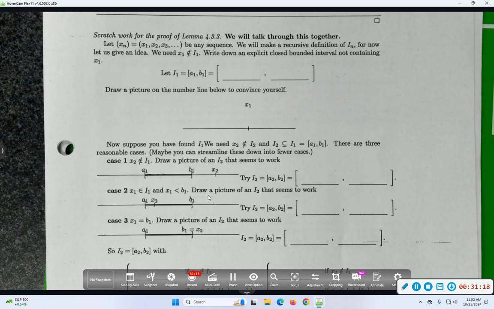Many options. Let's hear someone's. What does someone want I1 to be? Yeah, it will definitely depend on X. Could you do x1 minus 2x1 and then x1 minus x1?